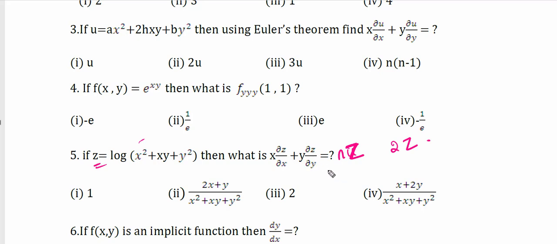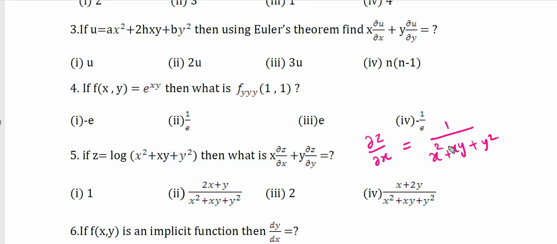But we have to make the differentiation because in this answer we need dou z by dou x. Log differentiation is 1 by x square plus xy plus y square, and after differentiating with respect to x, 2x plus y. X dou z by dou x: first x square differentiation is 2x, x differentiation is 1, and y square is constant.